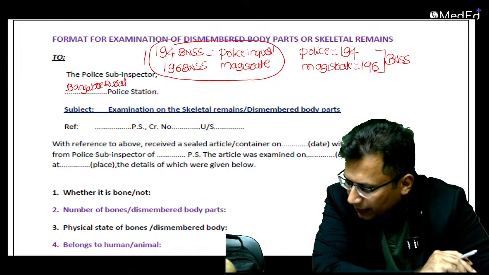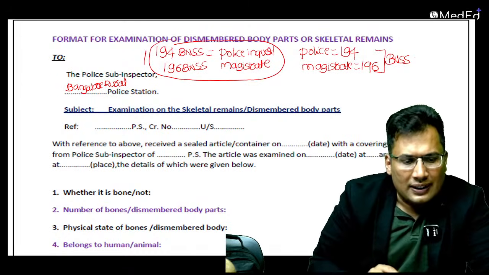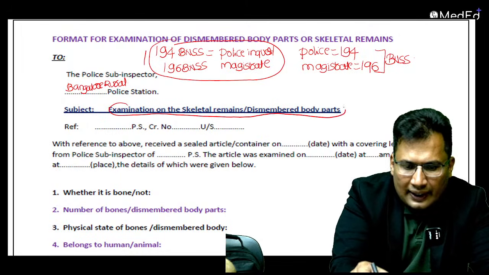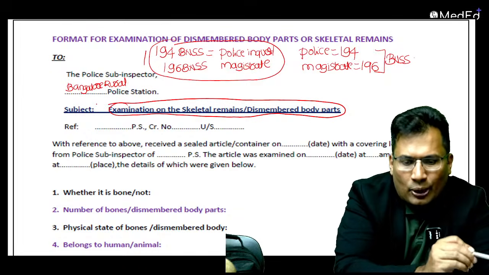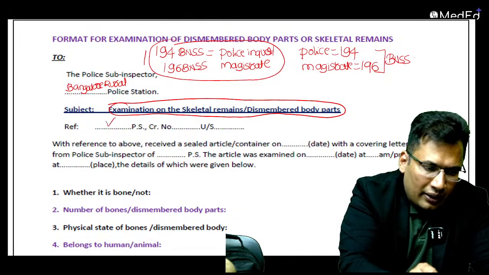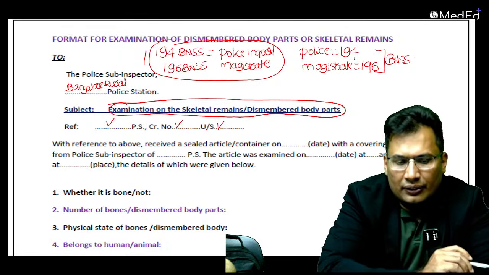Okay, Veda, very good, with great answer. Subject, what is the subject? Examination of skeletal remains or dismembered body parts. Reference, you can write the reference number, crime number, under section.